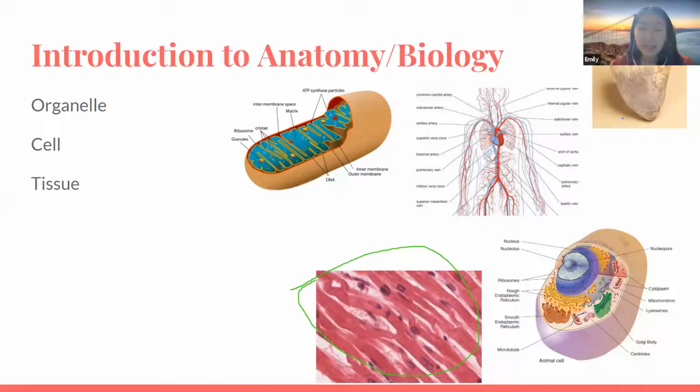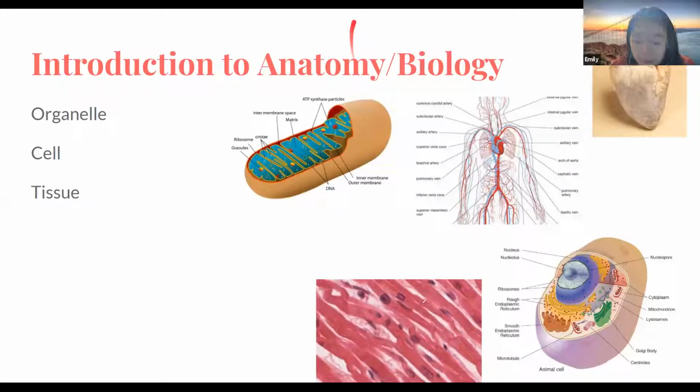This is an image of heart muscle tissue. You can see each of these little circles is the nucleus in a cell, and these cells are all really interwoven and connected with each other to form the sheet of muscle that is going to make up the heart.